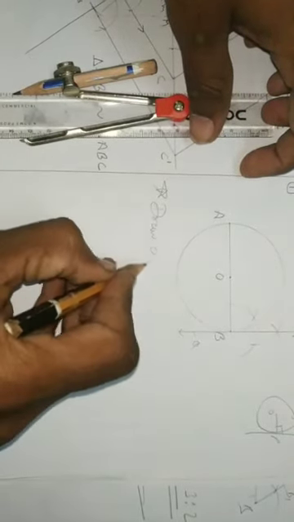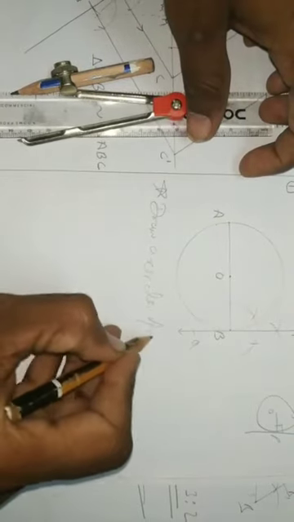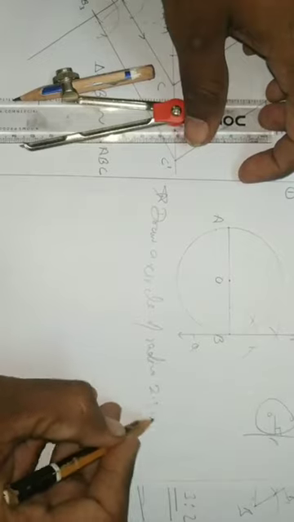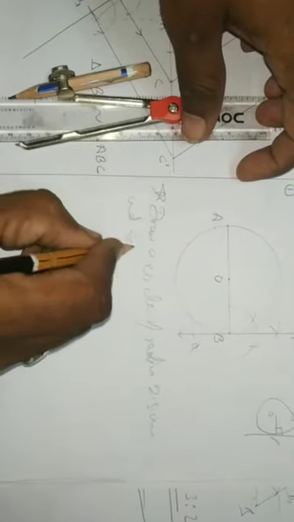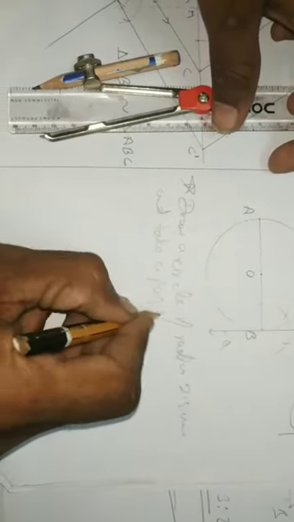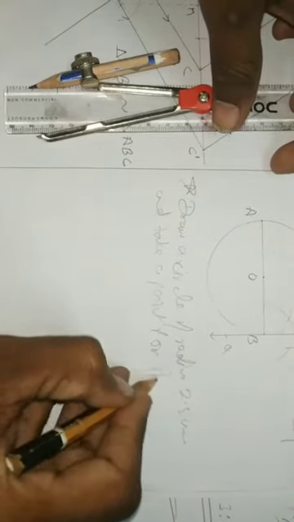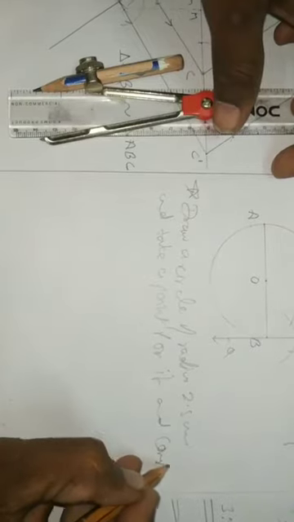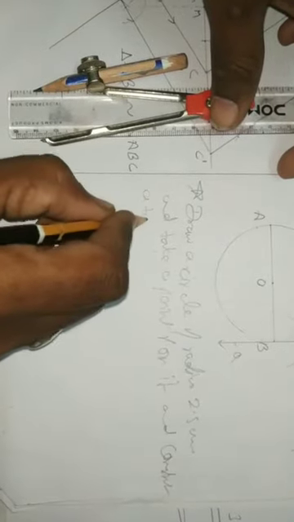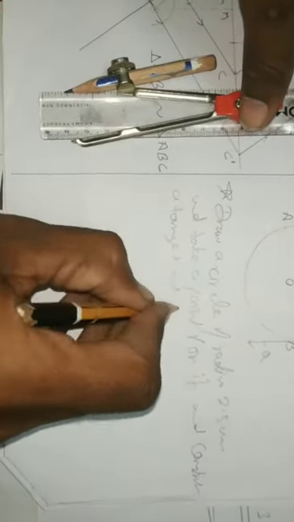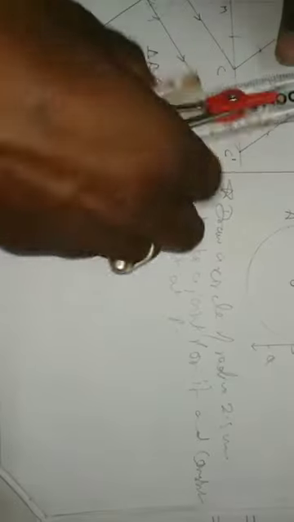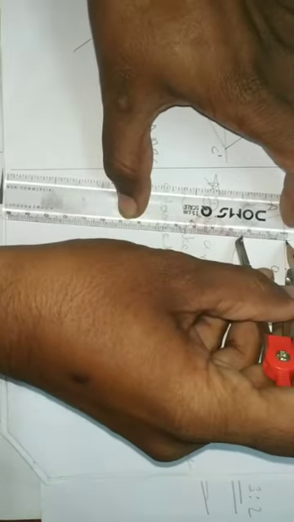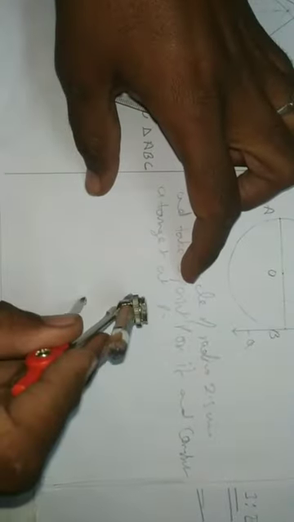Draw a circle of radius 2.5 centimeter and take a point P on it and construct a tangent at P. So first we draw a circle of 2.5 centimeter.